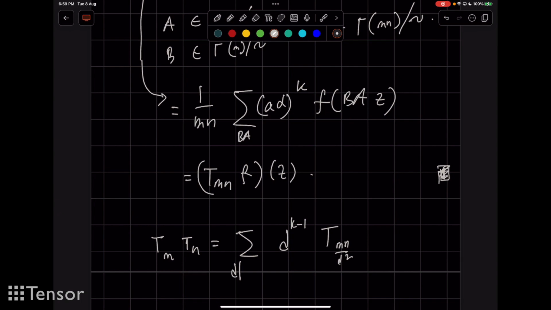No, not LCM. Try to connect this with the result we just saw: T_m T_n was equal to T_mn if m and n are co-prime. So d divides GCD of m and n. So if m and n are co-prime, then d must be equal to 1.